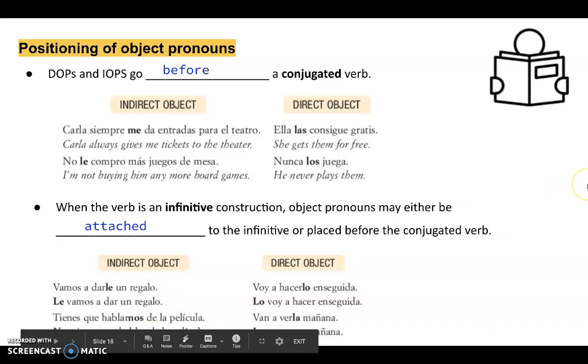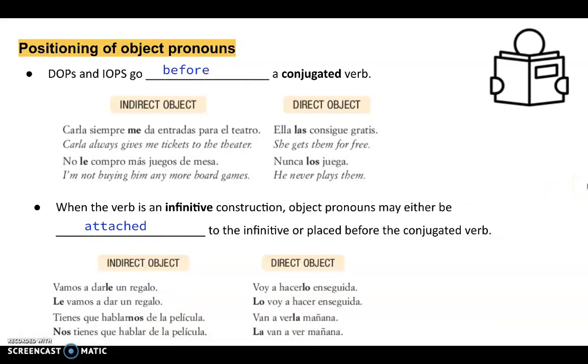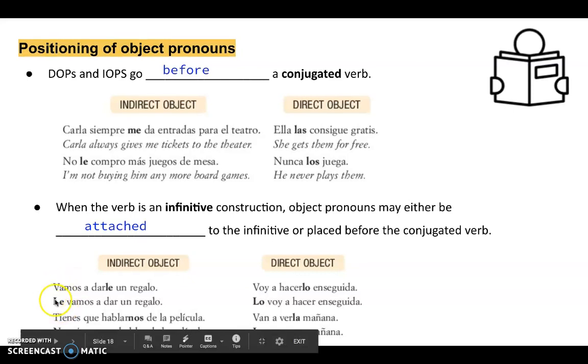So here, in all of these examples, we can kind of see both options for how to place the object pronouns. First, we have indirect object pronouns. Vamos a darle un regalo. Le vamos a dar un regalo. So we have it attached to the infinitive or in front of the conjugated verb.